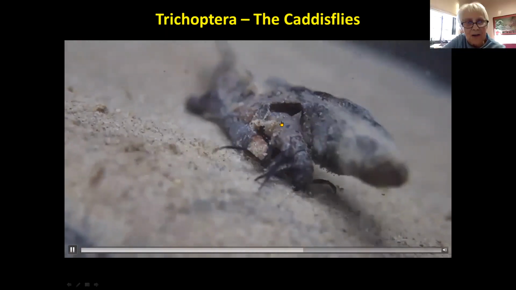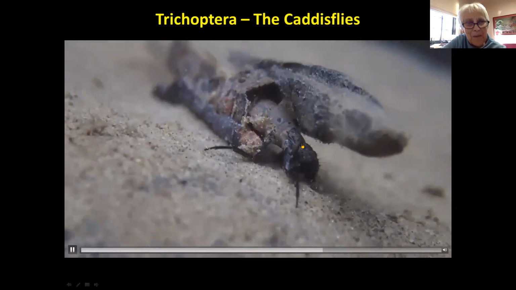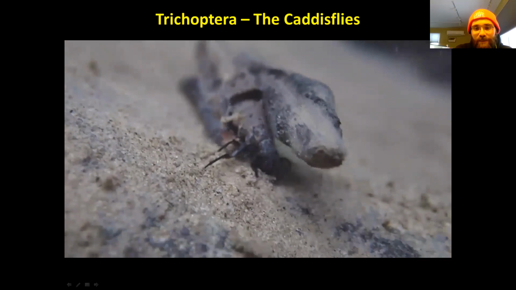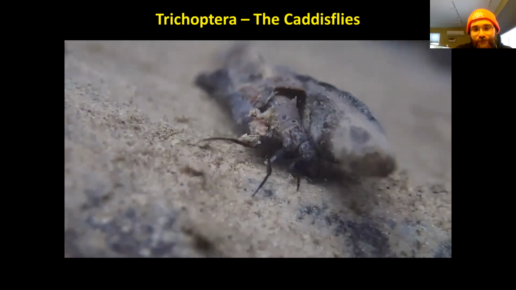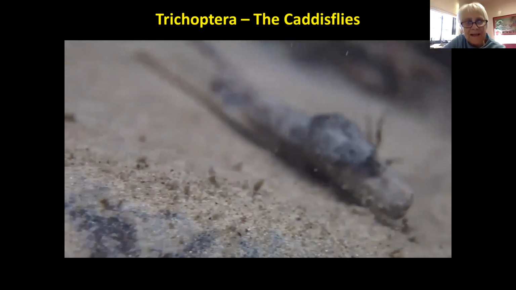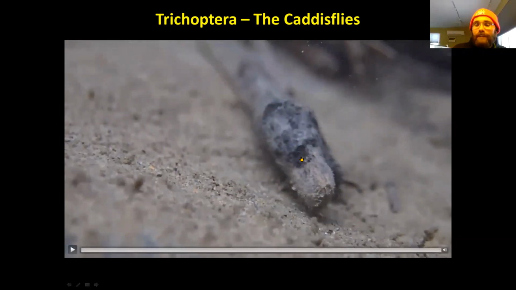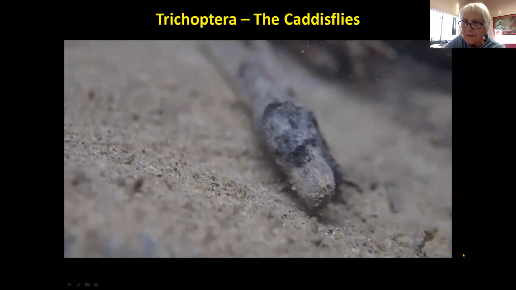Yeah, he's small compared to the, oh my gosh. Yep, so very large case. Wow. What is that case? What is the case made of? So that one is going to be like little pieces of wood and debris, etc. And he's fastened it together. Mm-hmm.